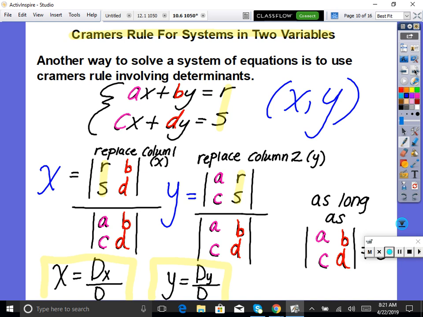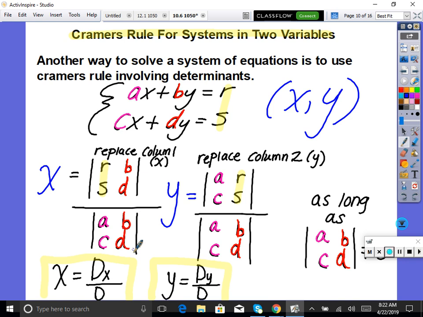Here's the formula to find x. So notice, the first thing I'm going to point out is you just find the regular old determinant of the original problem without R and S. So we would just find the determinant of A, B, C, D. That's what goes on bottom, is the regular determinant of the original. Now what goes on top is, now why do I know it's determinant? Straight lines, okay?